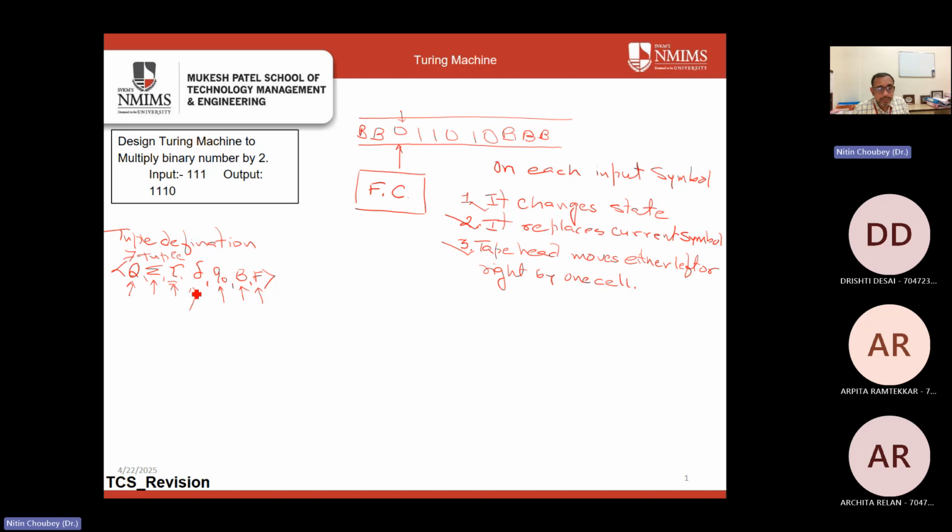This delta has a mapping which can be given like this.